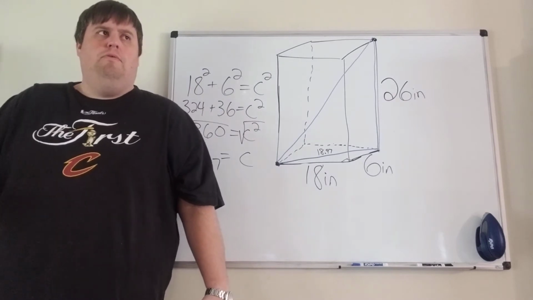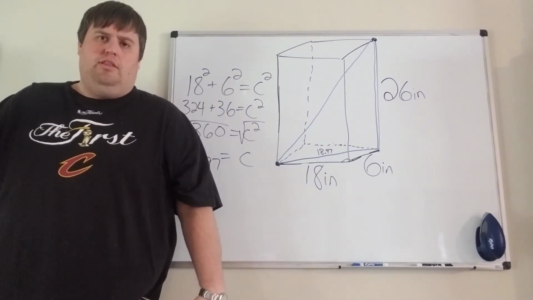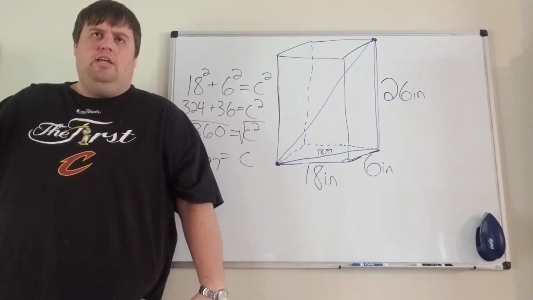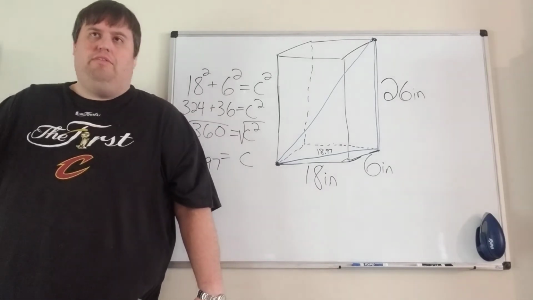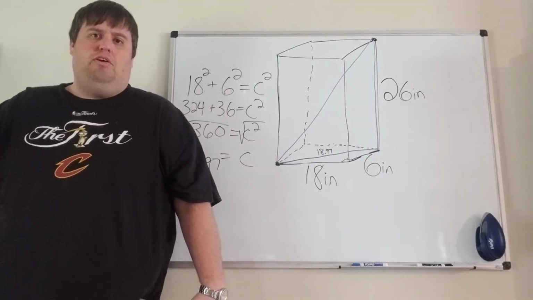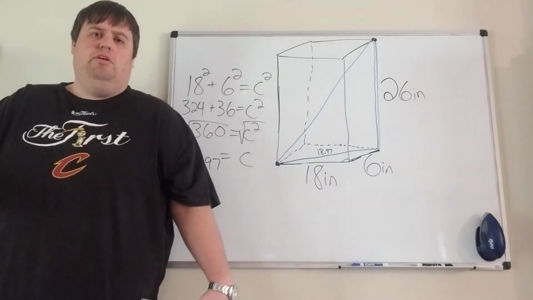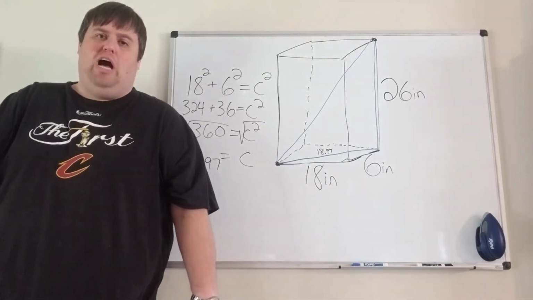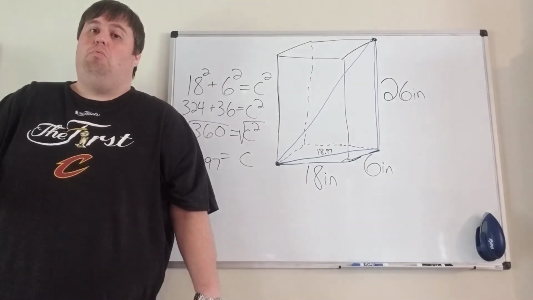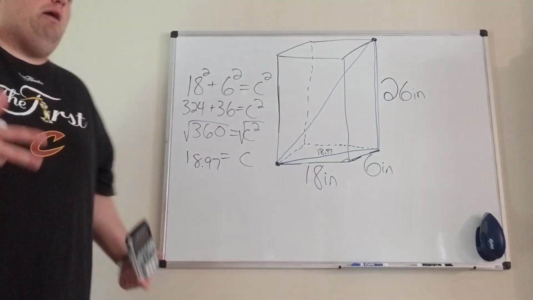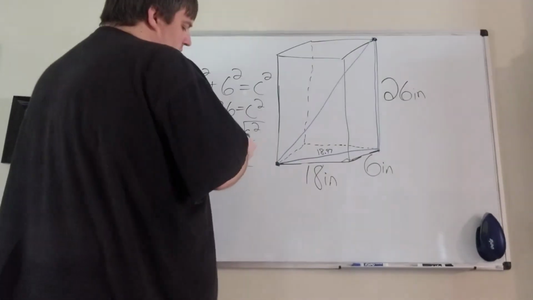I know some of you were missing problems on your lesson quizzes because you didn't round to the 10th, you rounded to the 100th or something, or you didn't round at all and then it counted it wrong. So just be really, really careful. You might be doing the exact right process, and it's just not the answer that they want. So because of rounding, try not to round this number.